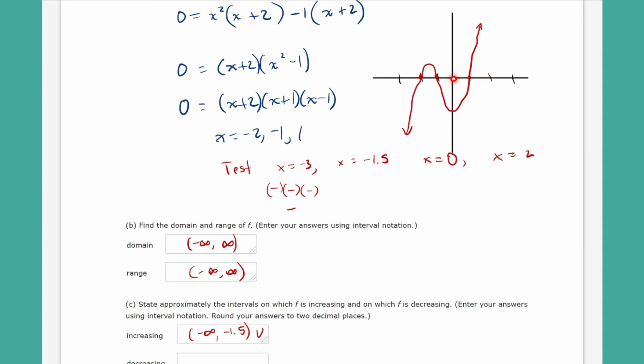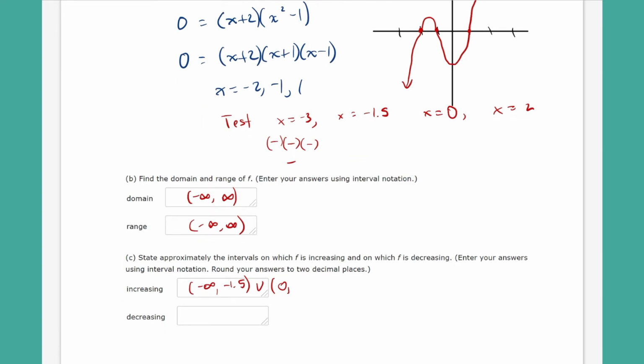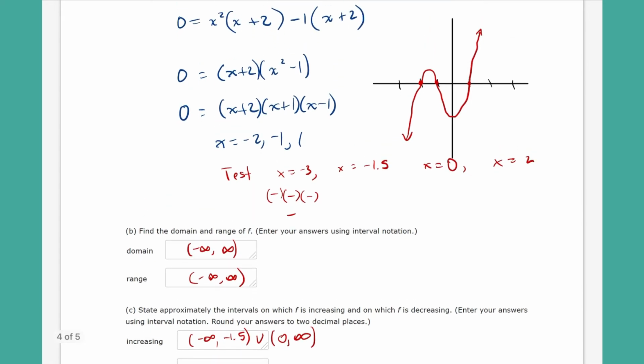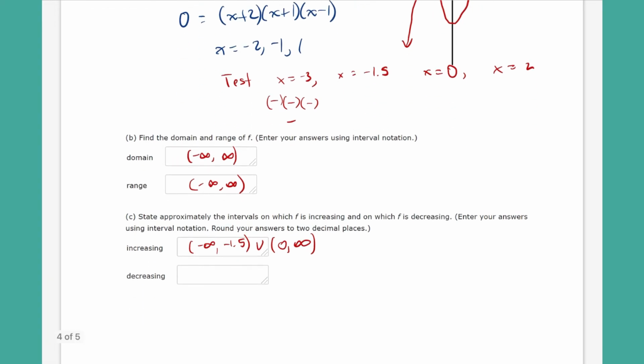So from 0 to infinity. And then if you look at the graph, it's going to be decreasing from -1.5 to 0. That's the only interval in which it's decreasing, from here to here. So -1.5 to 0. And that would do it.